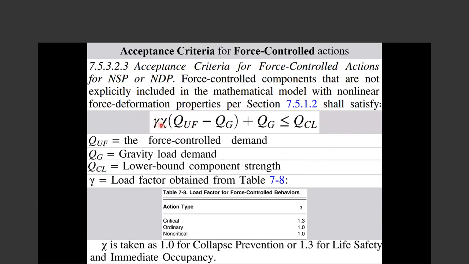How many factors they want, we will put, because these are forces, not deformation control. You want to check the plastic deformation, the table, these things. So for the force control elements, check the demand with capacity of lower, the same as linear.